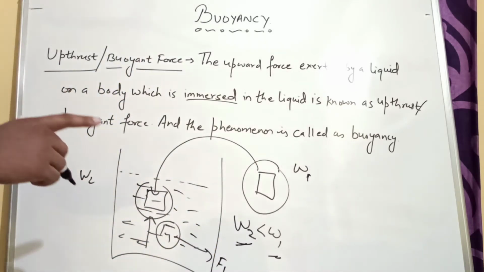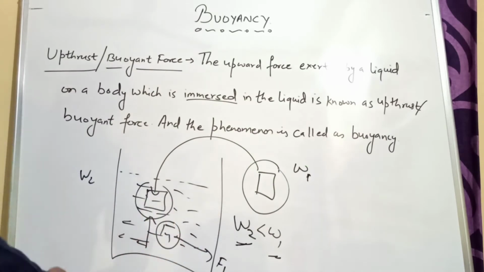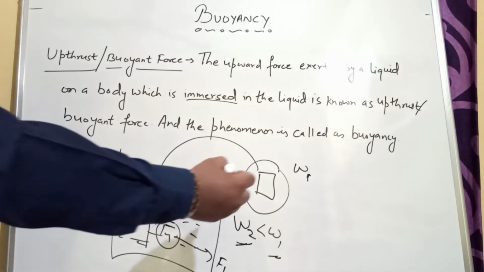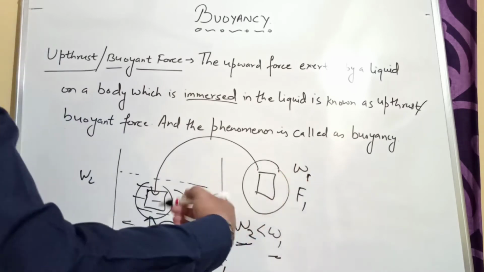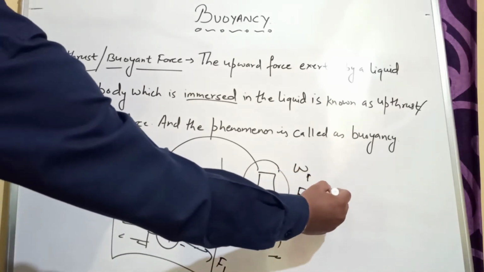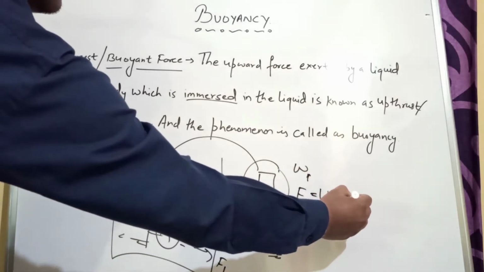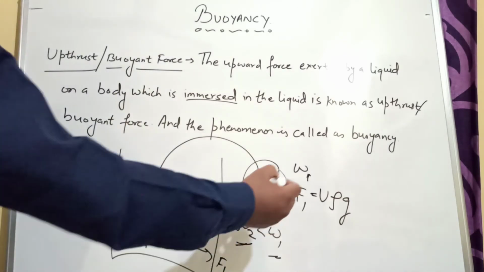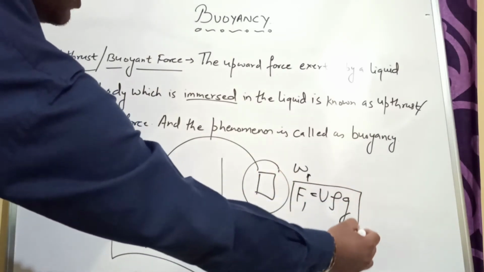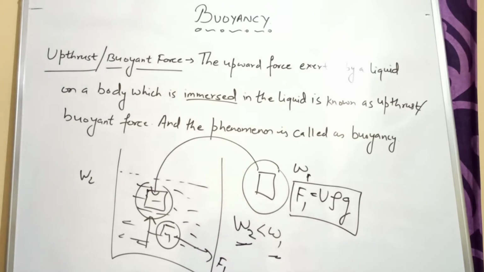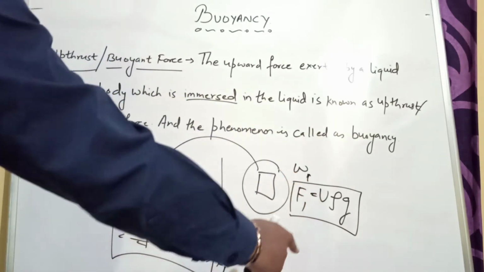Now how will you calculate the value of this F1 or buoyant force? F will be equal to V rho g. This is the formula for calculating the upthrust or buoyant force. And what are V, rho and g?